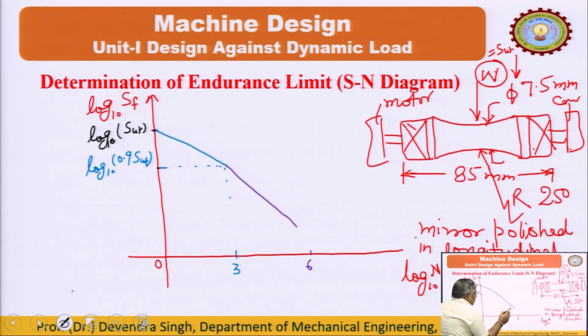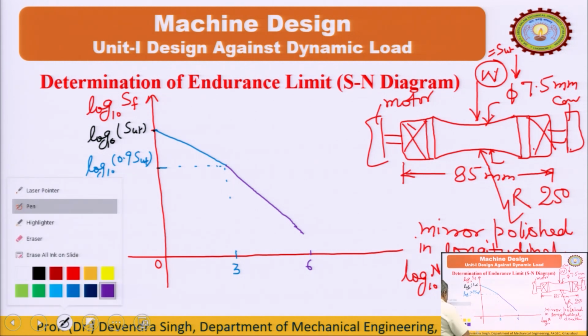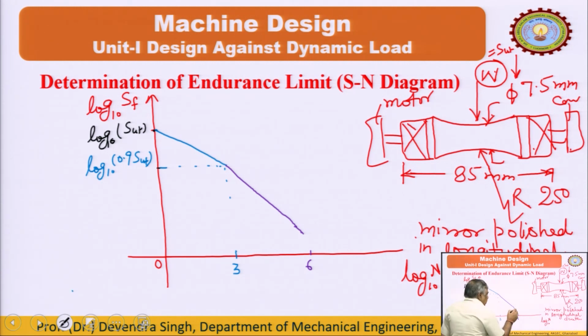This is the linear portion here, and this point lies somewhere between 10 to power 6 and 10 to power 7, but for numerical purposes and to make our design and recommendation safe, we consider it is at 10 to power 6. Then further it becomes parallel to the abscissa axis and we have obtained the knee point here, and this is a horizontal line.